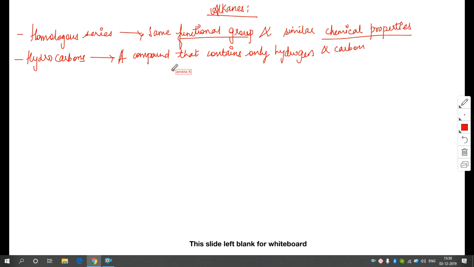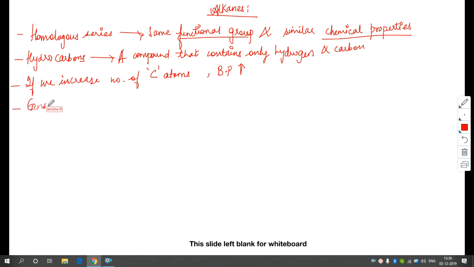Now, if we increase the chain length, what will happen? Their boiling point also increases. If we increase the number of carbon atoms, naturally hydrogen atoms will also increase, and their boiling point increases.